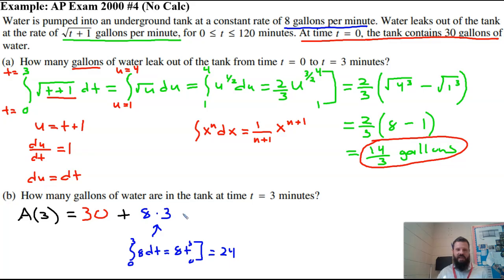All right, and then we've got our rate out. We want to go minus what we lost from the tank from time 0 to 3, which is just this 14/3 gallons. All right, and again, I could actually stop here before I do my arithmetic.